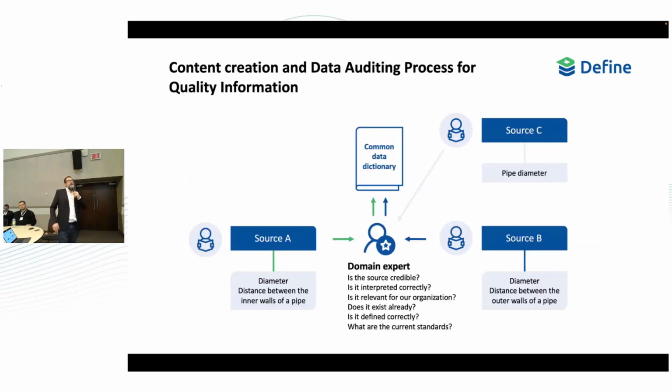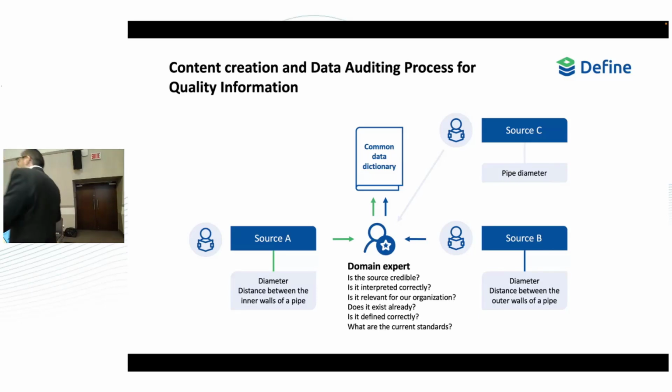So how it works, again, the idea is that in this tool, I will have 3 people coming from maybe 3 different sources trying to describe the same information. Each of them will be able to create, in this case, diameter, yes. All of them will create this property. This will be pushed to the tool and following the standard, some specific expert of the domain will check it.